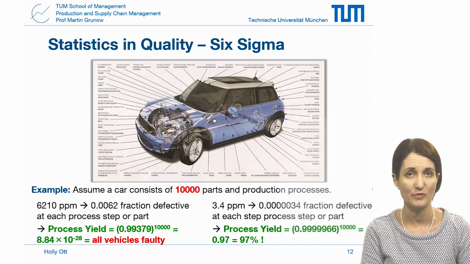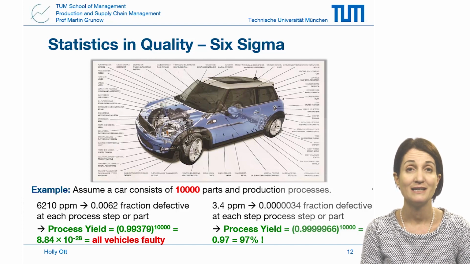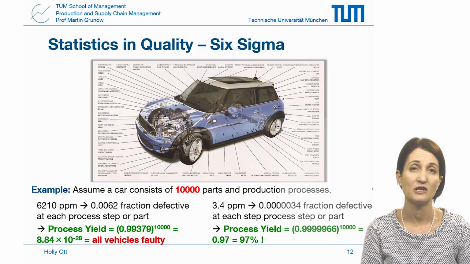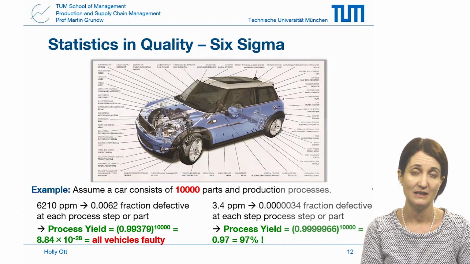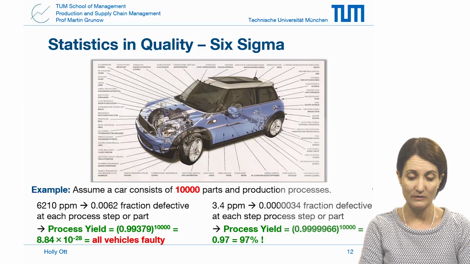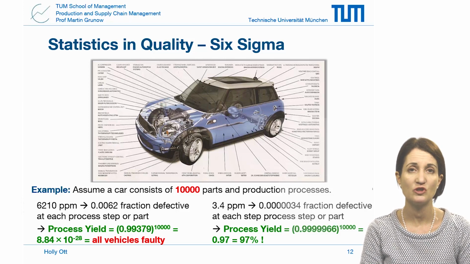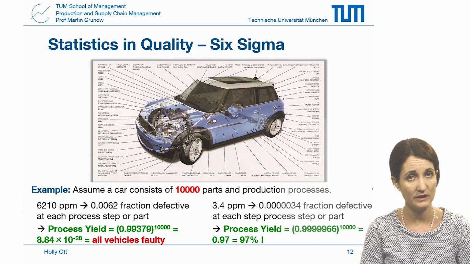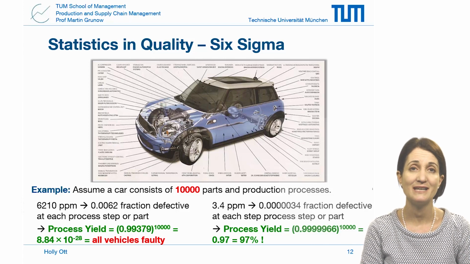If, however, we have just 3.4 parts per million, then 97% of our cars would come off that assembly line with good quality. So we're going to be focusing on this, but we should be aware of the total quality cost and of today's view of quality management.